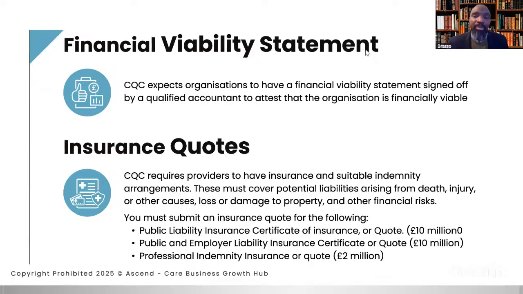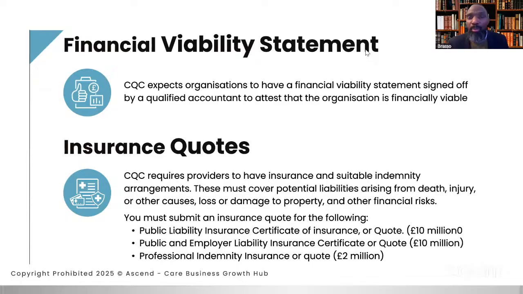So as a provider, some people will be saying, how much money do you need to have for an accountant to sign a financial viability statement? There is no number. CQC does not say you need to have 10,000 in your account, etc. But your accountants are trained in coming to a conclusion that you are financially viable. They are professionals, they are experts.